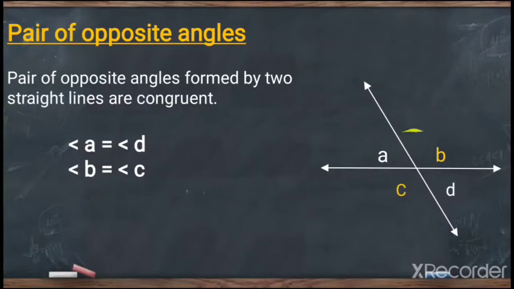Similarly, angle B and angle C is a pair of opposite angles. So the property related to opposite angles is, opposite angles formed by two straight lines are congruent, meaning their measures are the same.